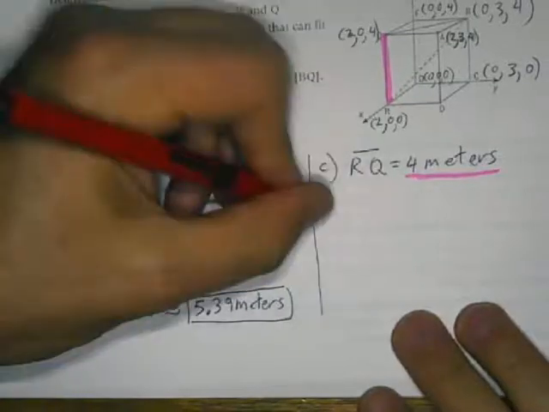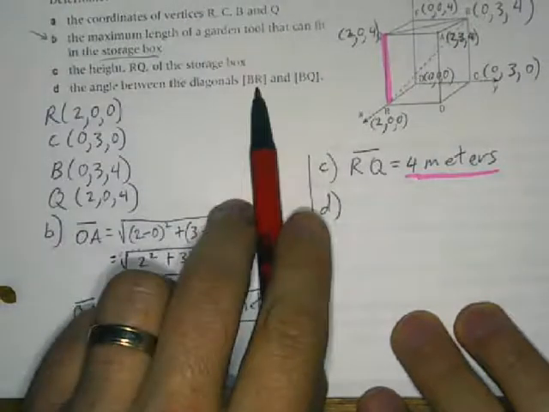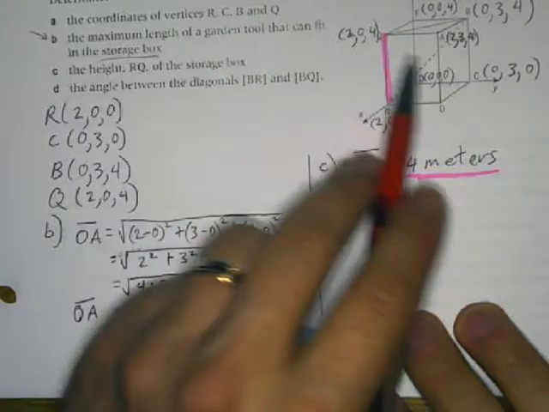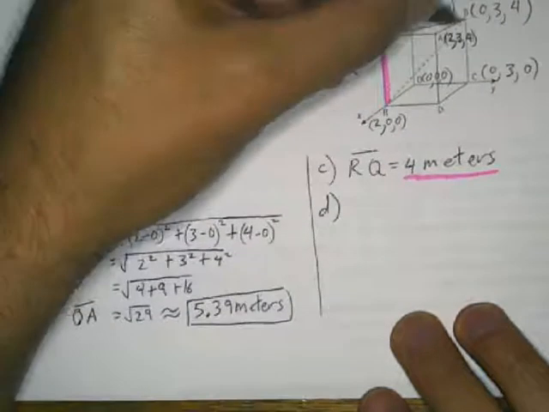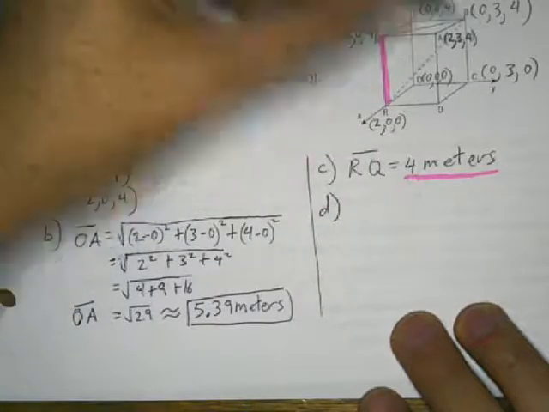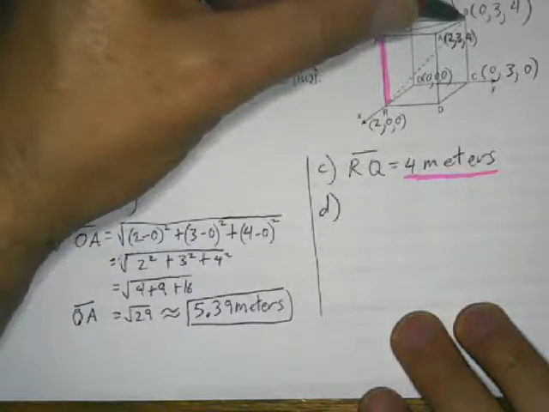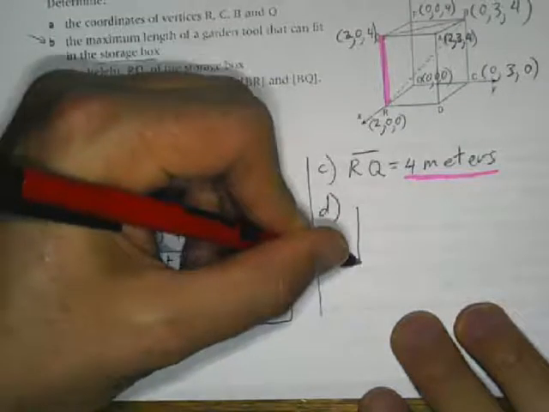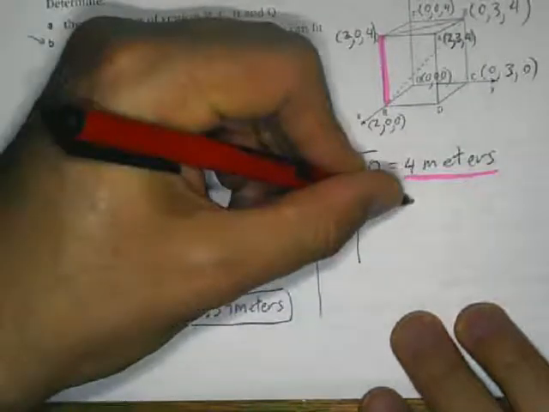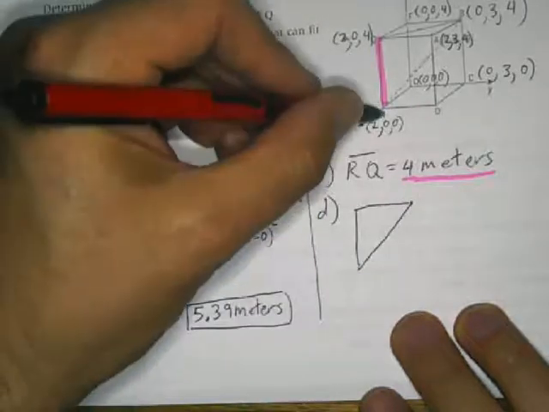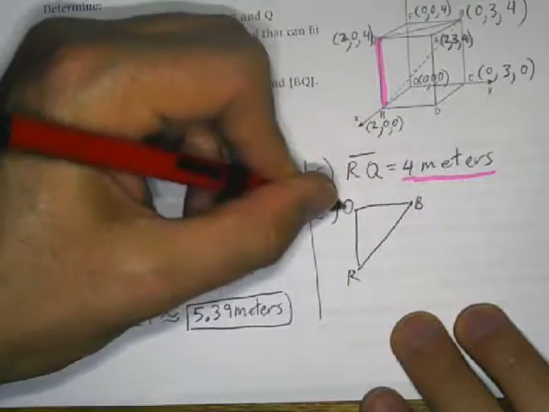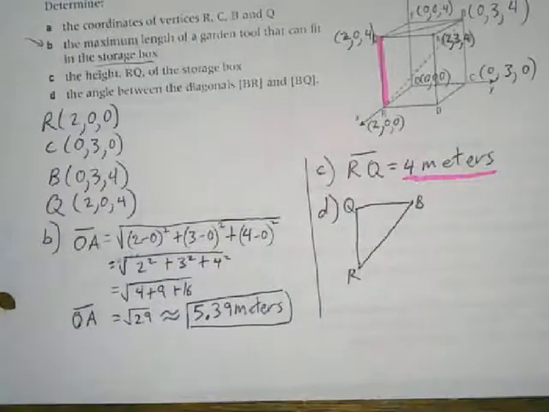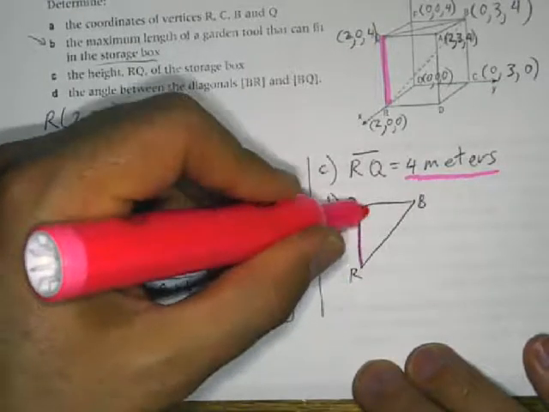And then question D. What is the angle between diagonals BR and BQ? So BR is the diagonal from this corner to the far corner, and BQ is from here to Q. So I'm going to draw this triangle. So we've got R to B and B to Q. We know this red line here, QR, we just said that that's 4, right?